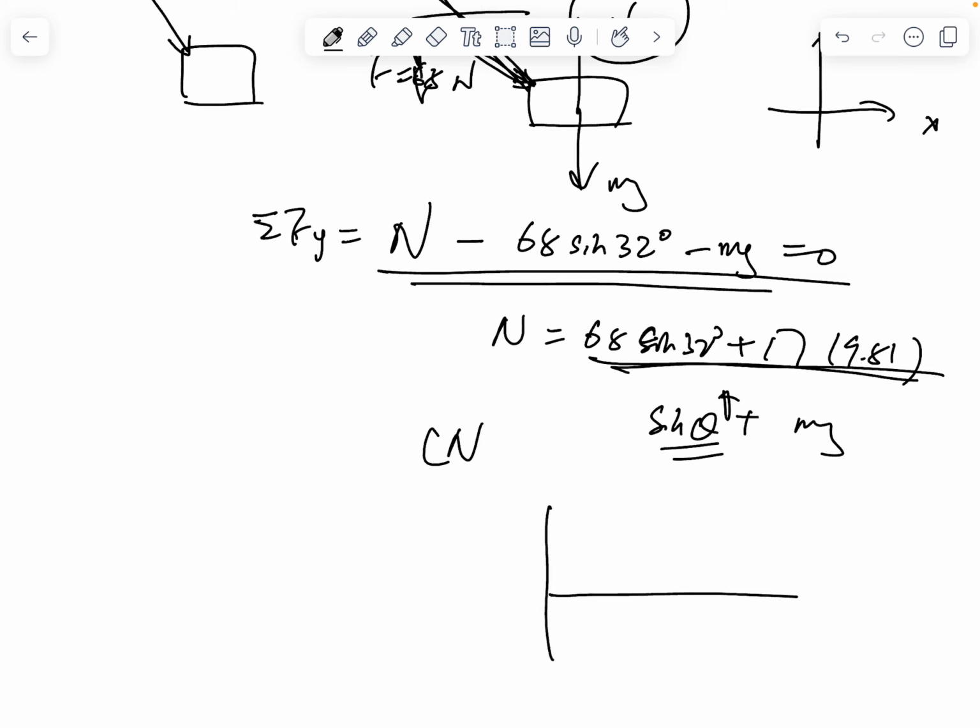You see, this is theta, and this is sine theta, up to 90.